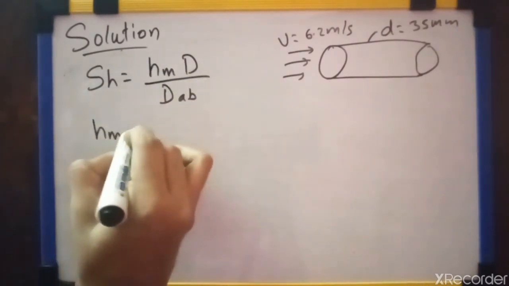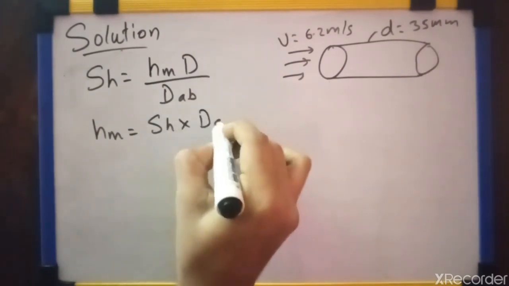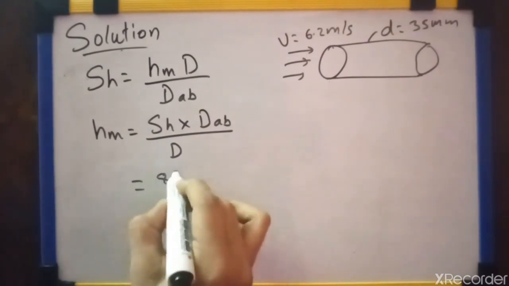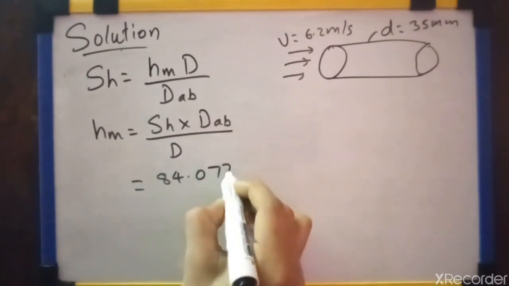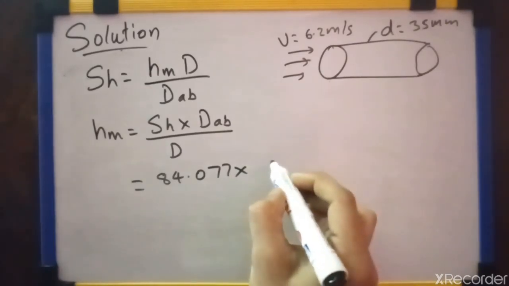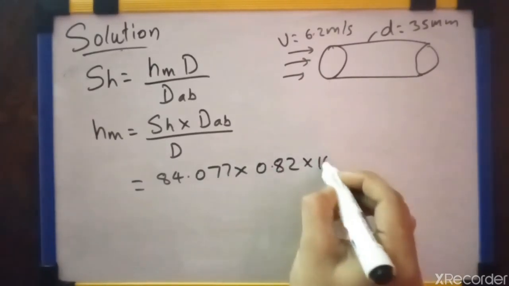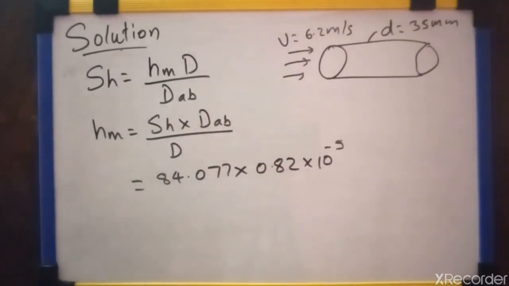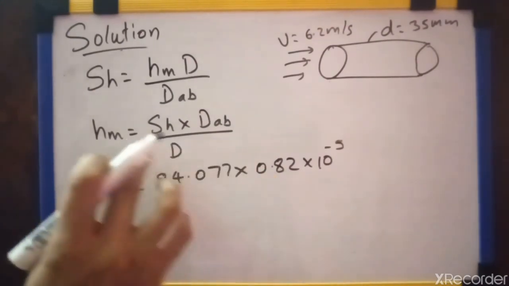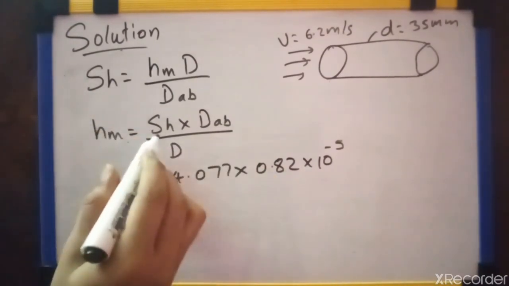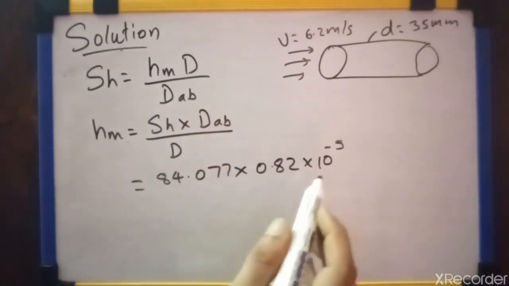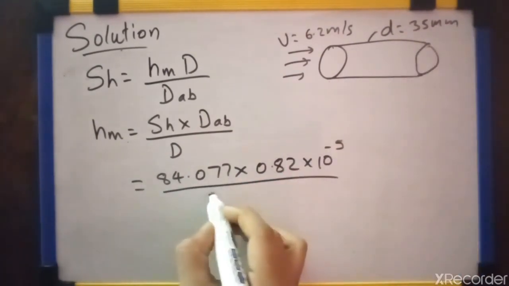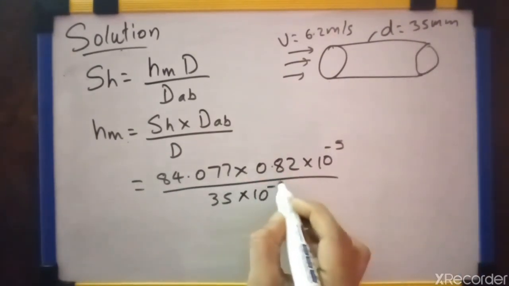Therefore hm is equal to Sh into DAB divided by D. That is 84.077 into DAB, 0.82 into 10 raised to minus 5, divided by diameter, 35 into 10 raised to minus 3 meter.